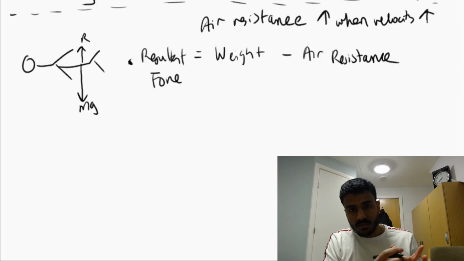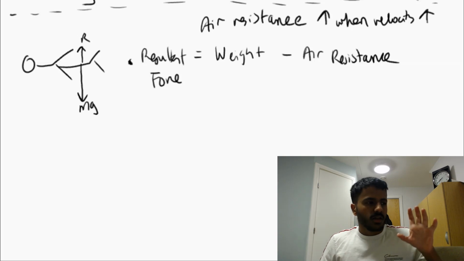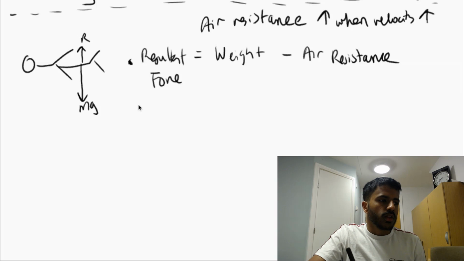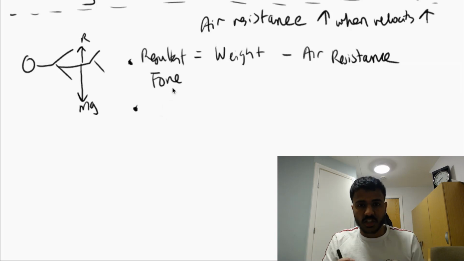From this diagram, we know that the length of the arrows represents the magnitude of the force. At this moment in time, the weight is still greater than air resistance. So, this does still mean that the skydiver is accelerating downwards. However, because of the air resistance, this acceleration is lower.